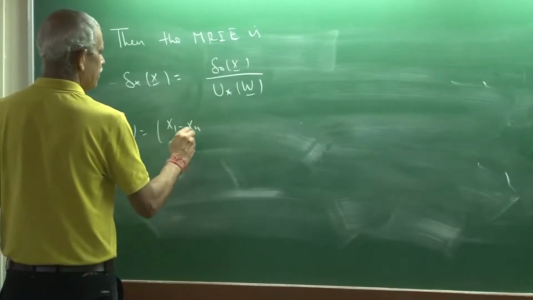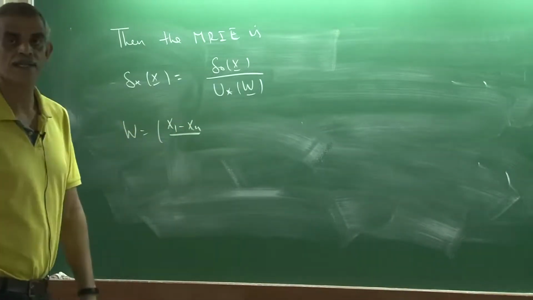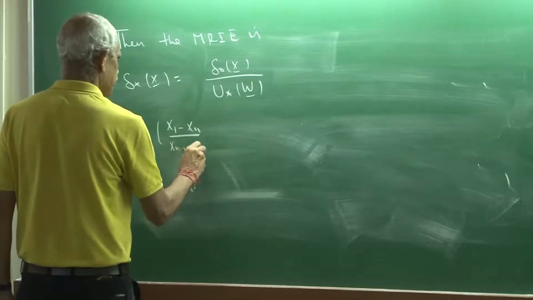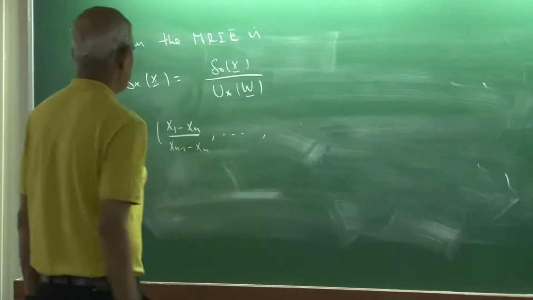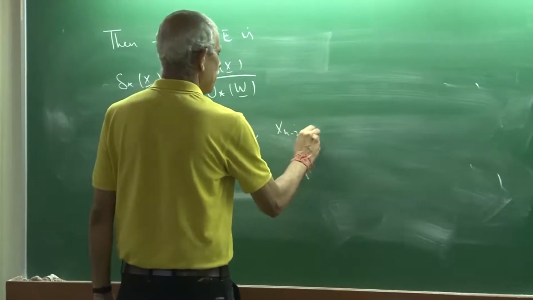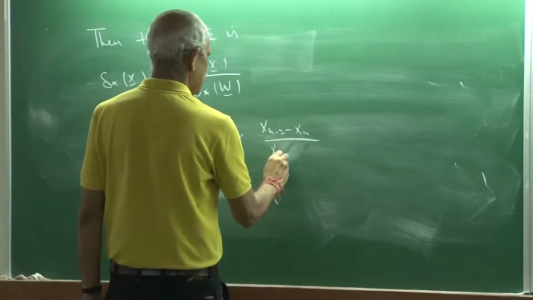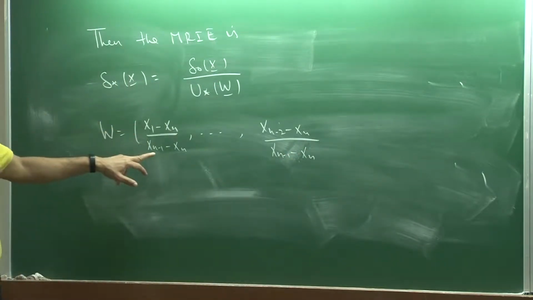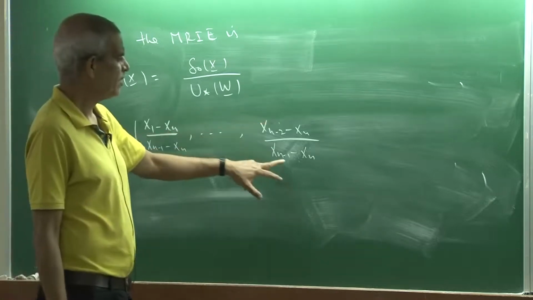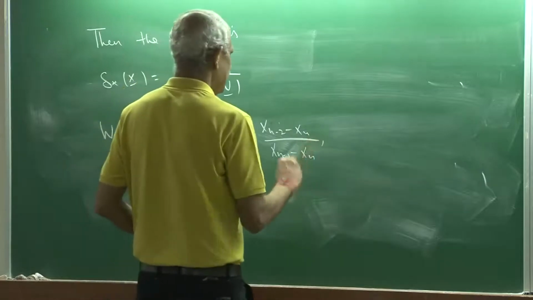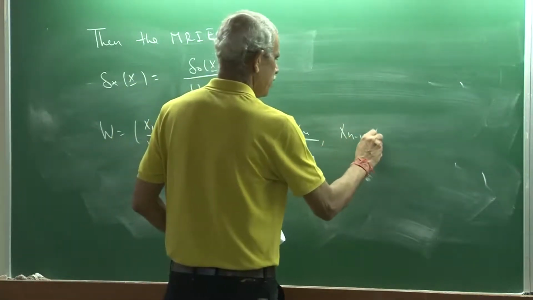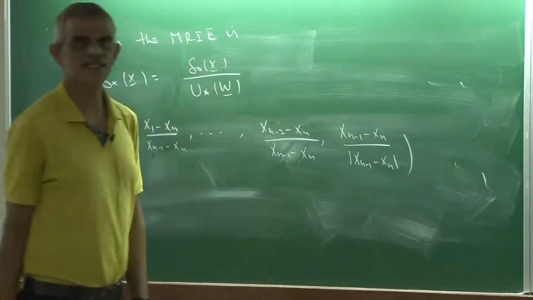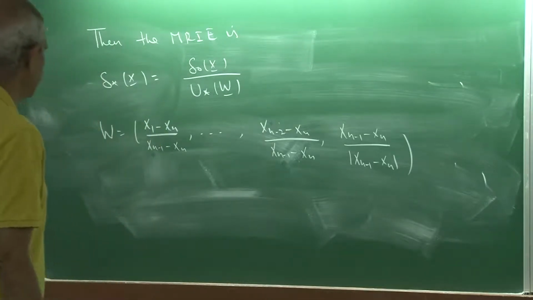W is nothing but d1, which is x1 minus xn, divided by xn-1 minus xn, then xn-2 minus xn divided by xn-1 minus xn. So this is d1 divided by dn-1, dn-2 divided by dn-1, and then dn-1 divided by modulus of dn-1. So I have to see whether this is ancillary or not.